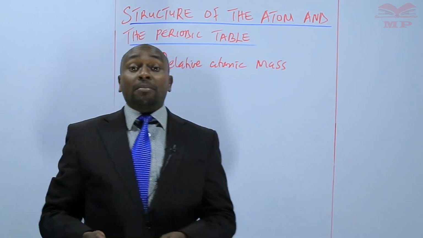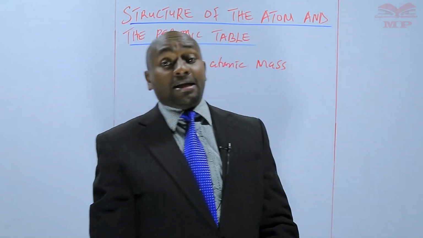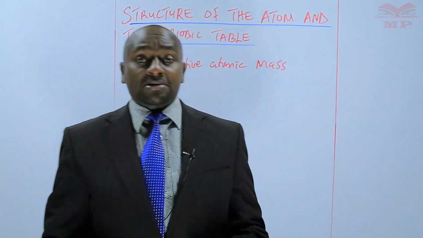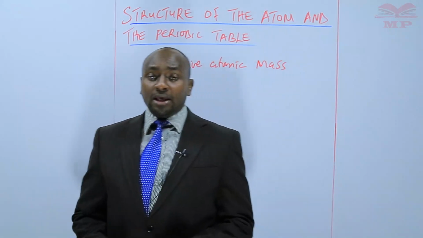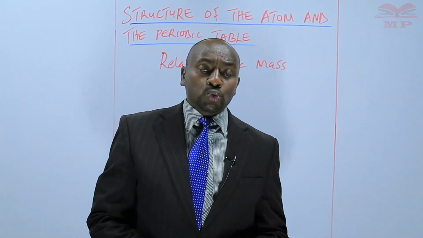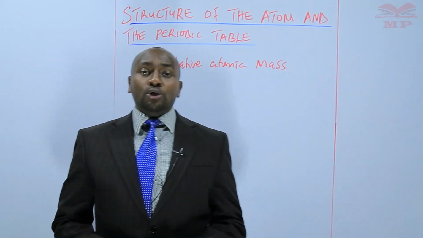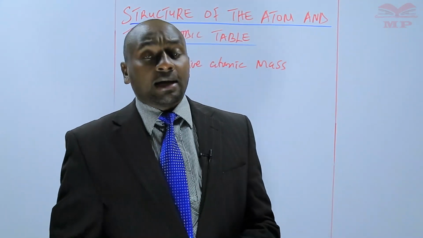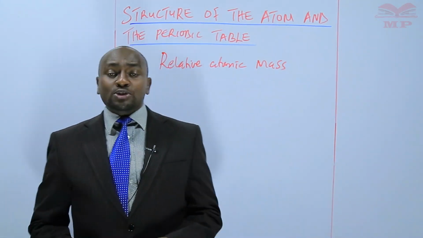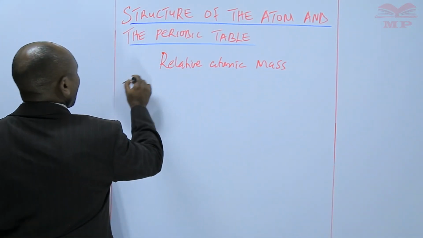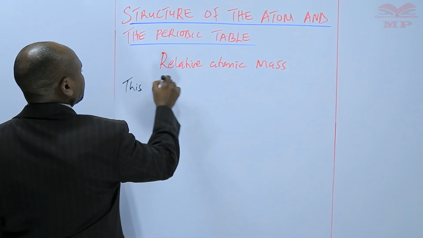So relative atomic mass is the average mass. And this average mass of an atom is compared to the mass of carbon-12, whereby carbon-12 is assigned an atomic mass of 12.